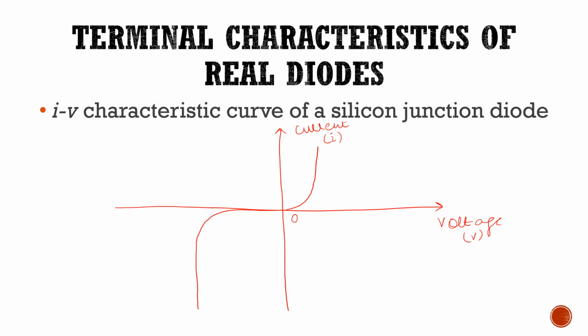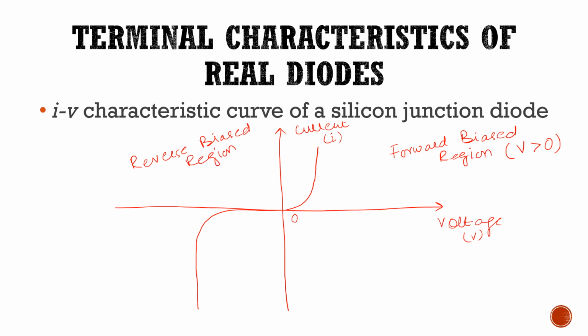This first region is forward biased region, which is determined by V greater than 0. This second region is reverse biased region, which is determined by V less than 0.